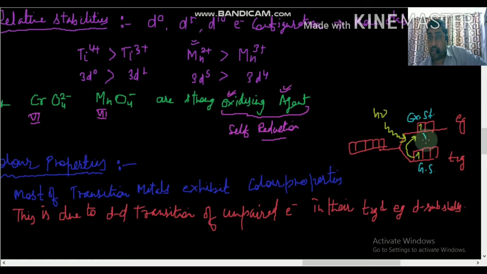Now when the same electron comes back to its ground state, the energy absorbed earlier, that is h nu, will be liberated again, and in this d-d transition process the color is shown.